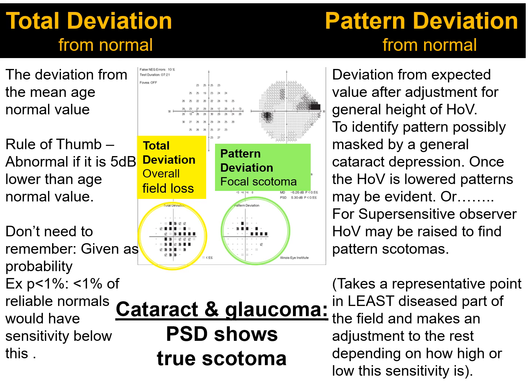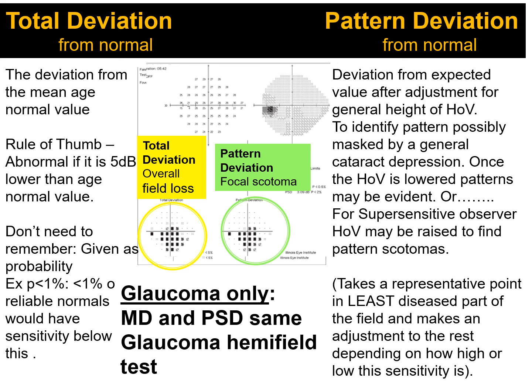And indeed, for super sensitive observers that are better than the average normal, they will heighten the hill of vision. So what it does, it takes representative points of the least diseased part of the field, and it makes an adjustment to the rest of the field depending on that. So in this case, if there's no cataract, the total deviation should mirror the pattern deviation, because there's nothing in the pre-retinal area causing degradation of the overall field.